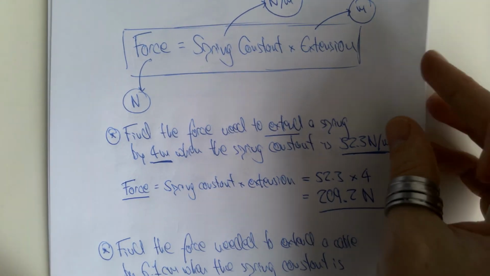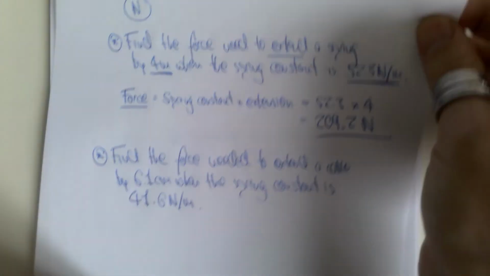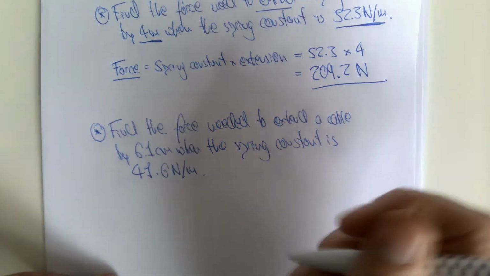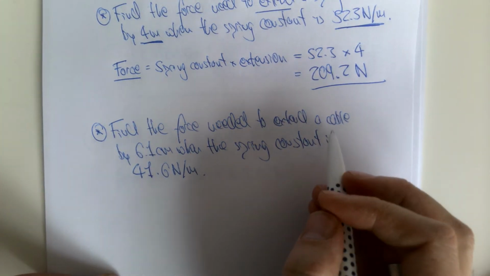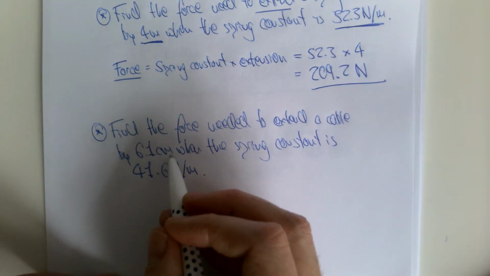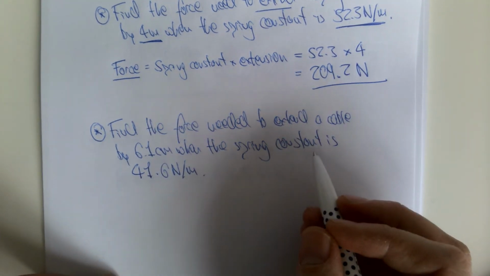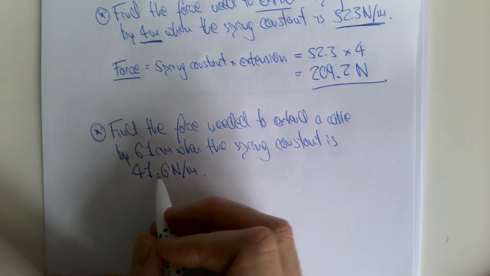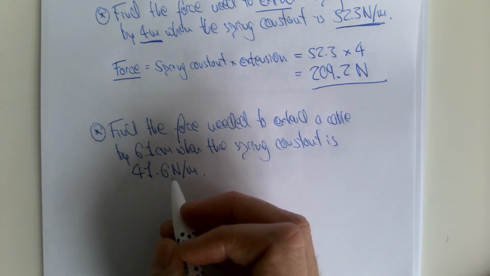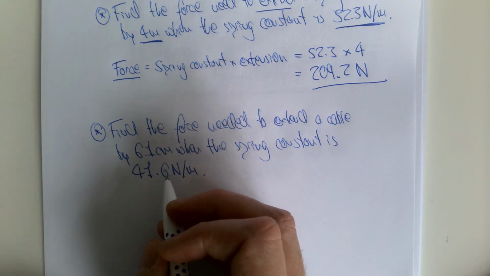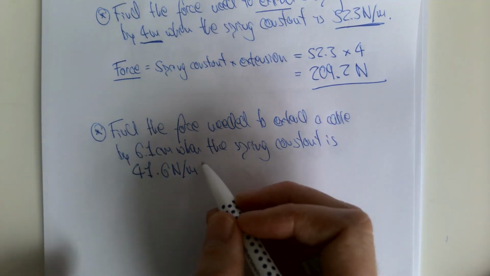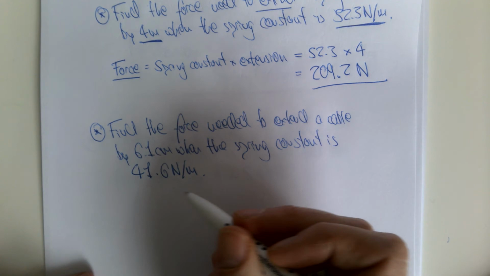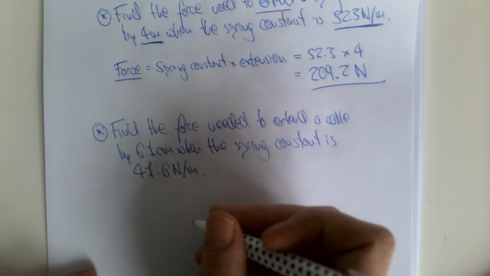Then, if we have a look at a second example: find the force needed to extend a cable by 6.1 centimeters when the spring constant is 41.6 newtons per meter.